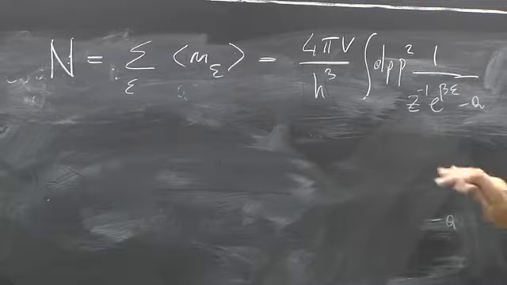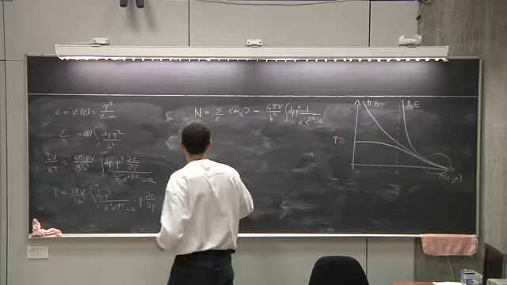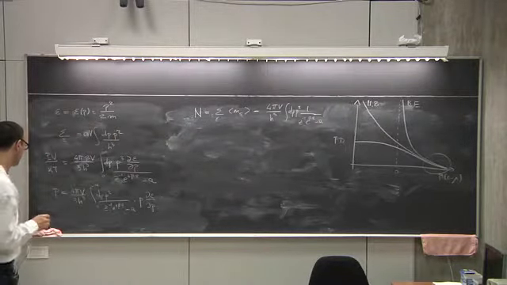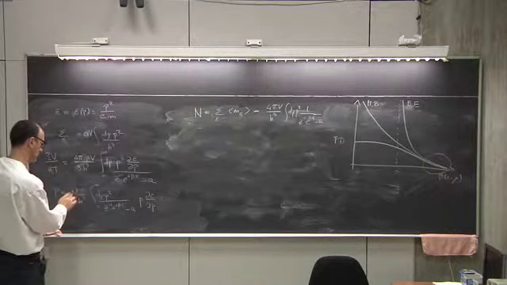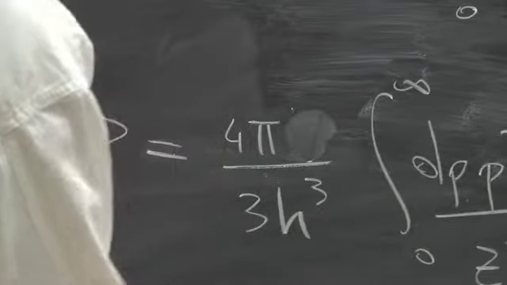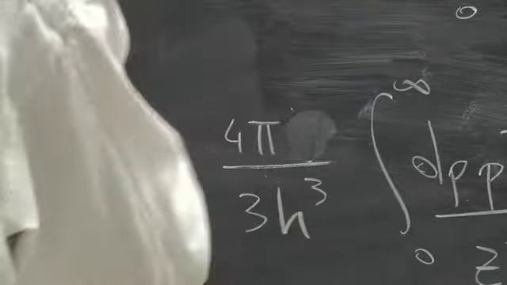Sorry, there is a V here, of course. Oh, there is no V here, right? So V and V cancel, and beta and kT cancel.